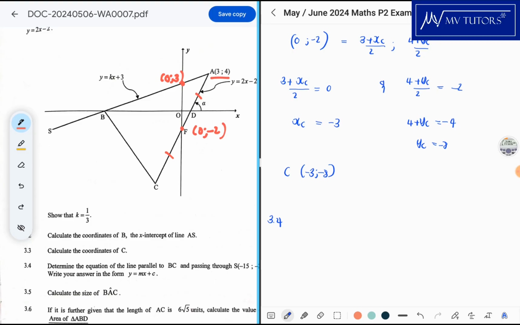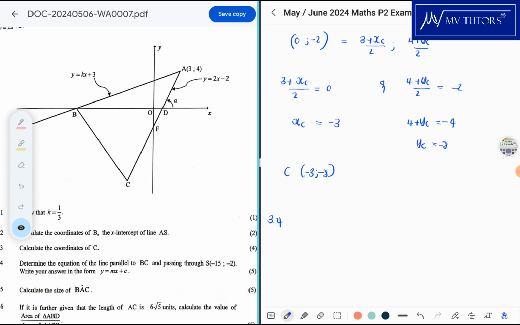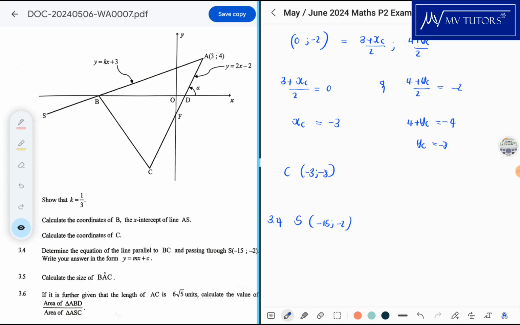Okay, so do we have S? Yes, they just gave us S. All right, let's just write it down. So we have a point which is S, and S is (-15, -2). Now, do we have a gradient? I believe we'll have to work it out. Okay, so this line will be something like that.